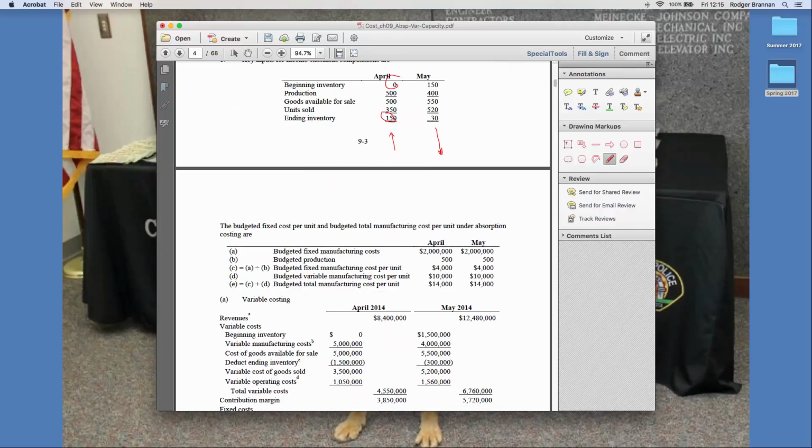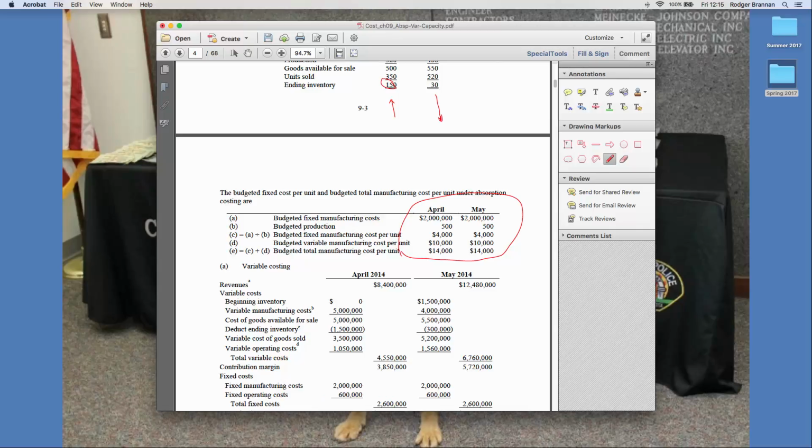All right, now, what they did here is kind of what I did initially, create this basic information that I can then plug into my two different income statements. There's no particular reason that I have to do one first or the other. It's whatever your choice. In this case, they ask you to do variable costing first.